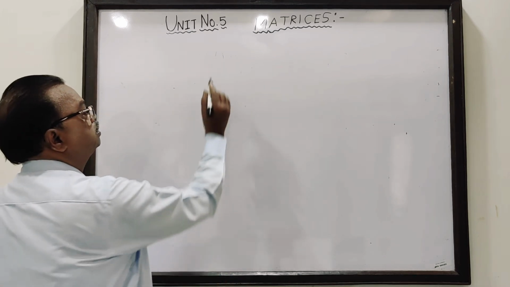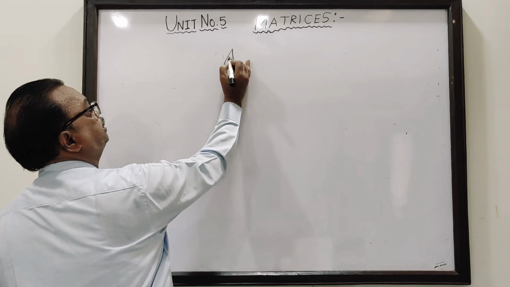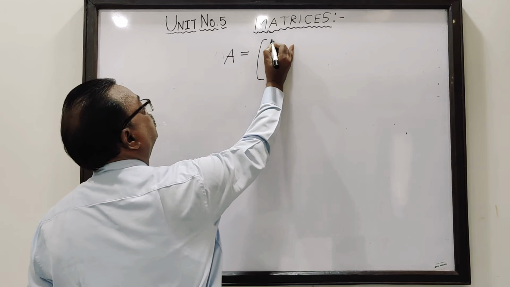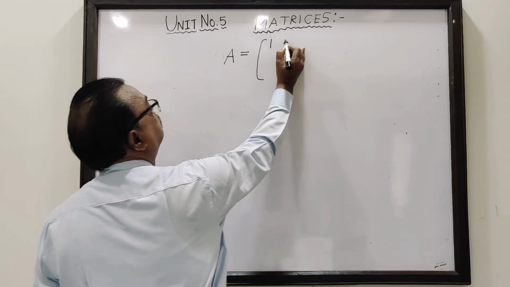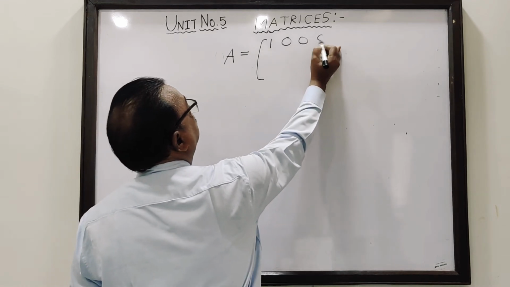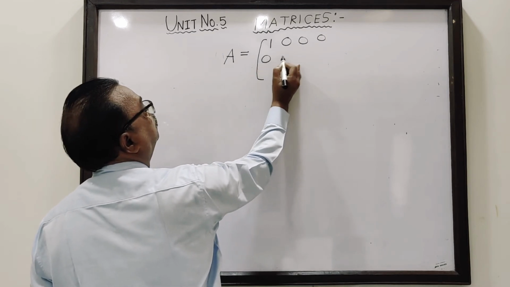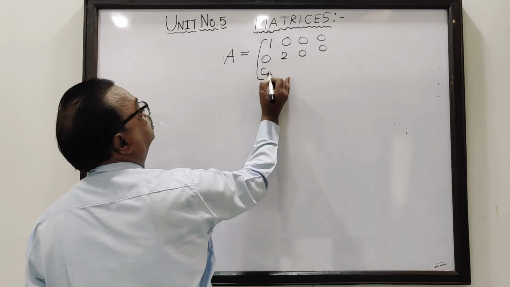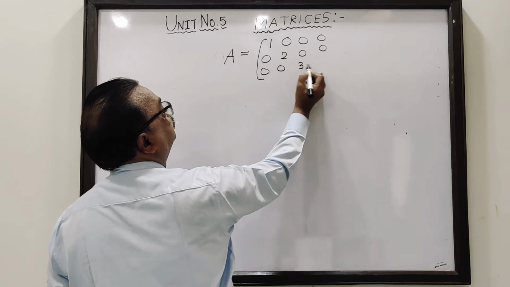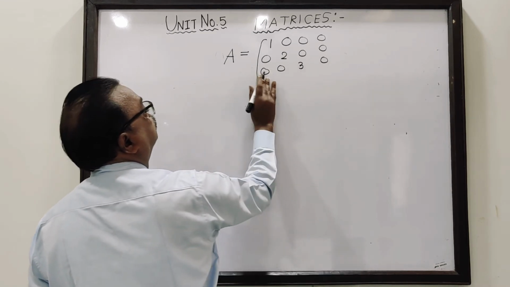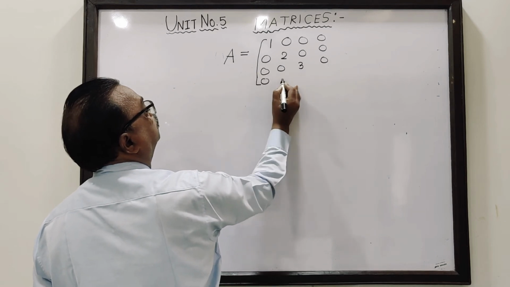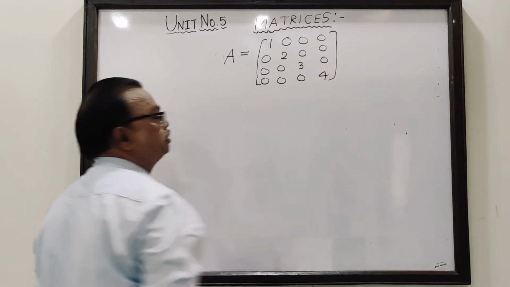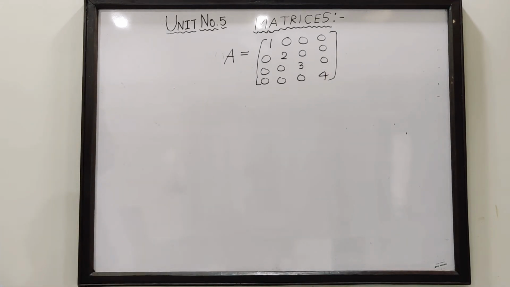For example, suppose I write this matrix A equal to: 1, 0, 0, 0; 0, 2, 0, 0; 0, 0, 3, 0; 0, 0, 0, 4. So, this is a diagonal matrix in which all the non-diagonal elements are 0.